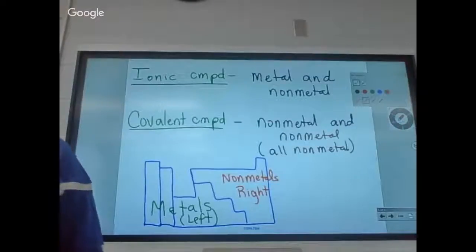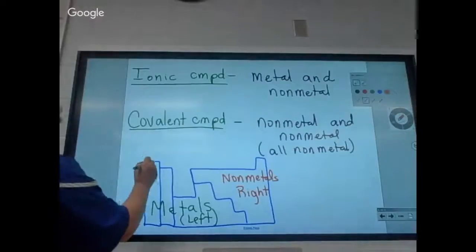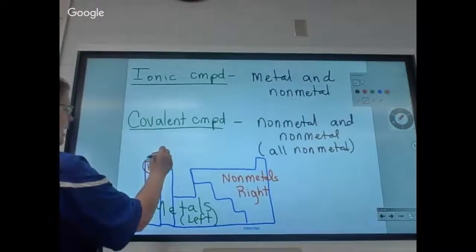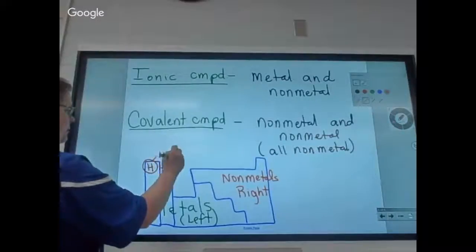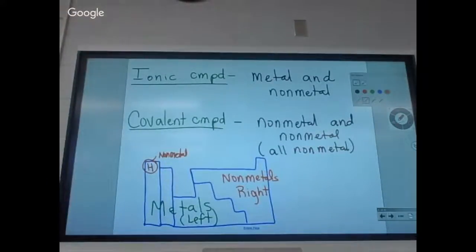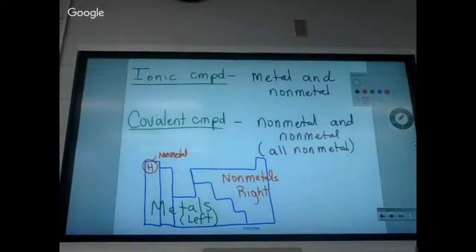Now, if it's an exception, it has to be on the wrong side of the periodic table. Y'all are clearly naming gases that are on the correct side. Yes, hydrogen. Hydrogen is over here on the metal side, and it is a non-metal. And we'll talk about why it's over there when we study the periodic table itself.